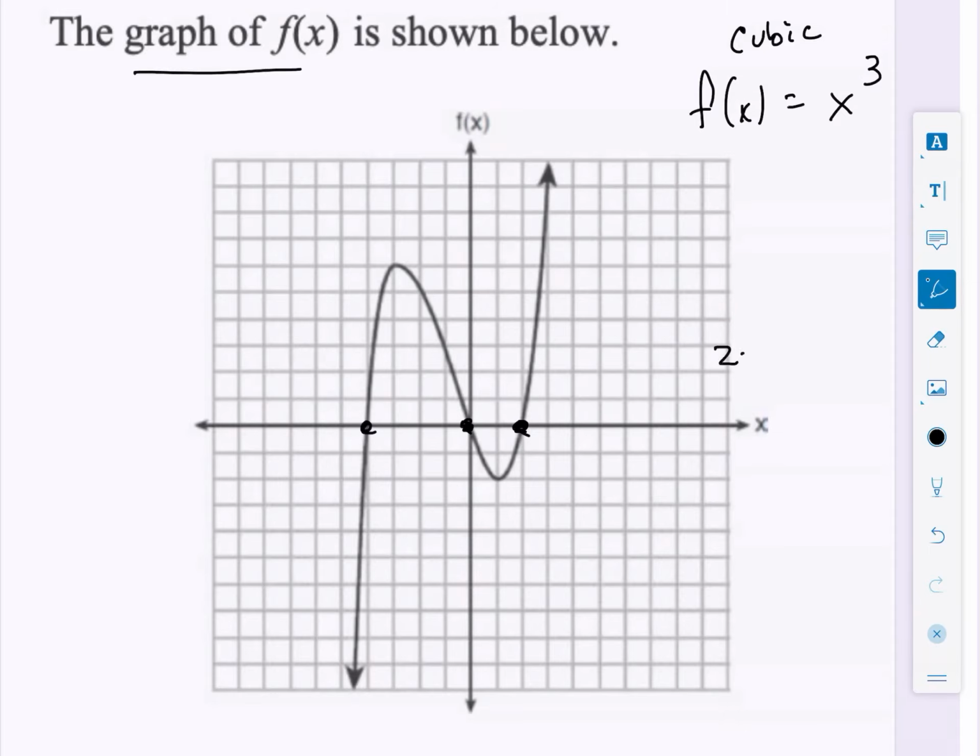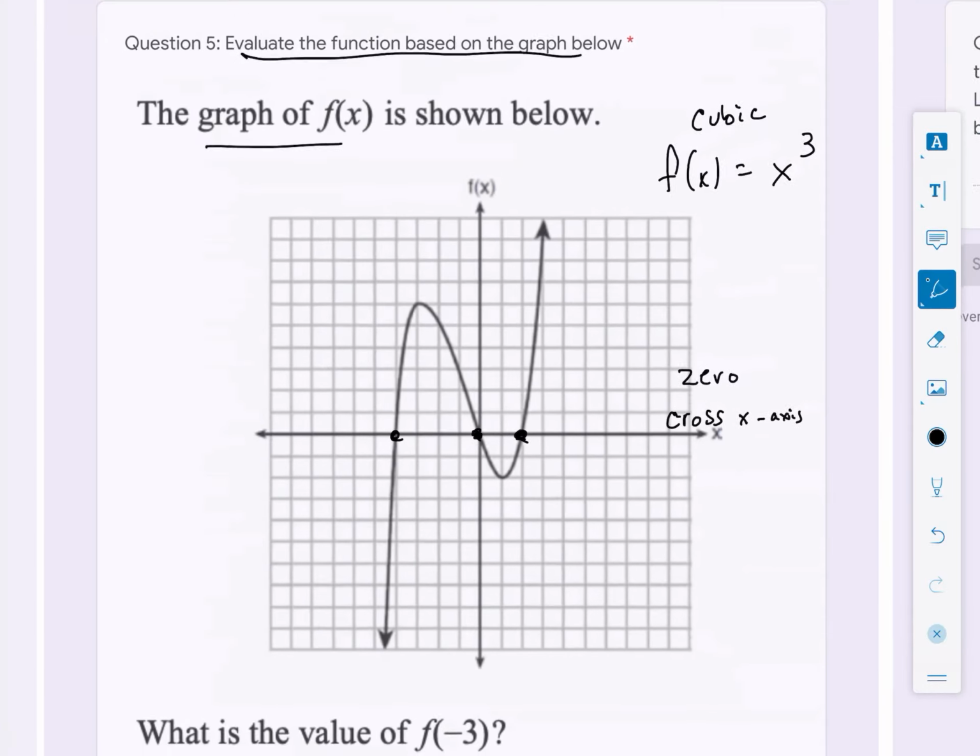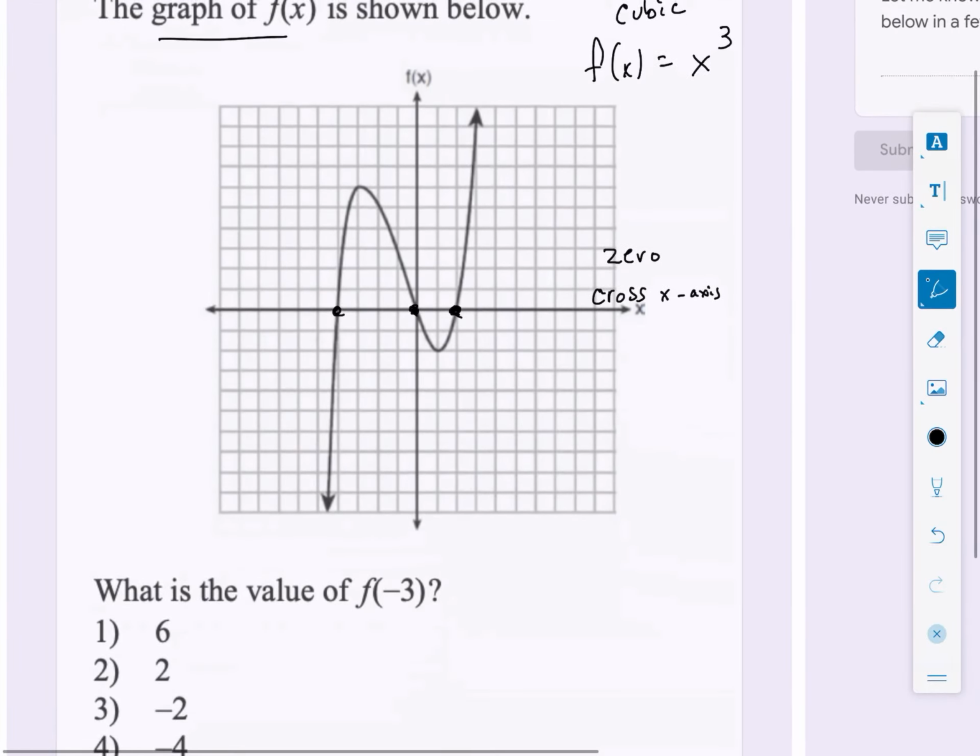That's again where they, I guess you could say, cross the x-axis. Now, we want to know not where our zeros are, but we want to know where x is equal to negative 3 on our graph. And once we find that, what's the value of y?